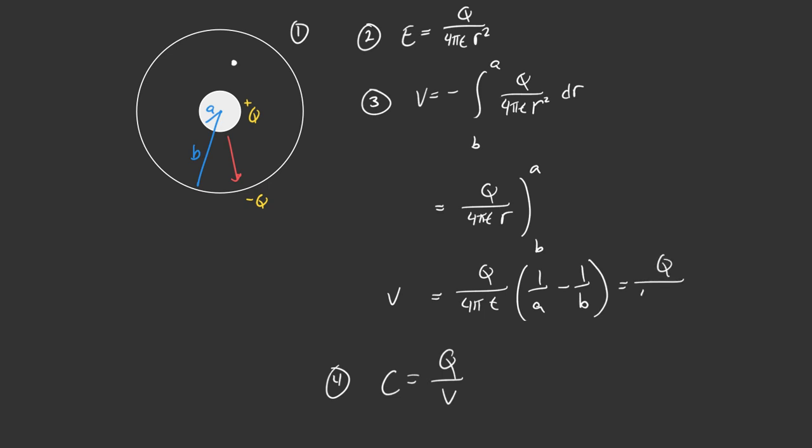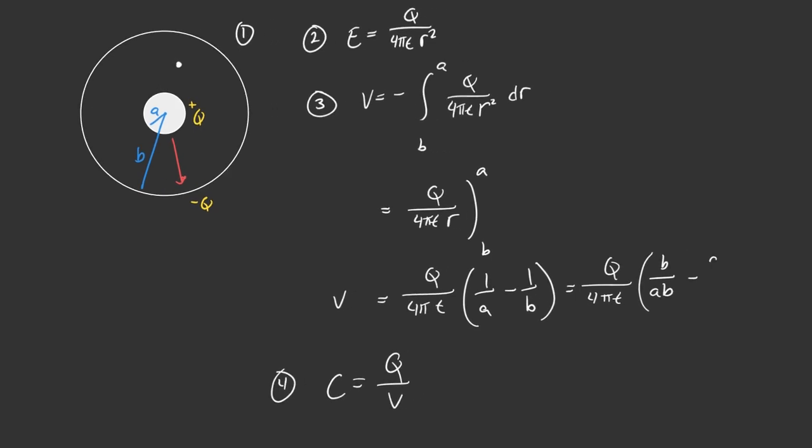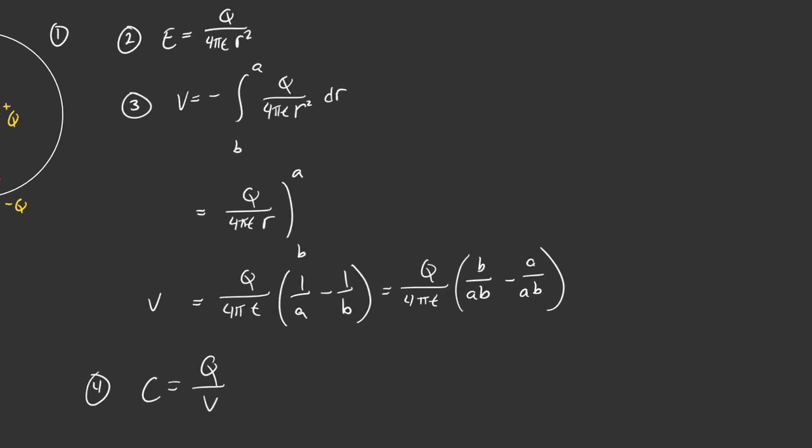So Q over 4 pi epsilon is going to be B over AB minus A over AB, right? Getting common denominators. Which gives us Q over 4 pi epsilon times B minus A over AB. Still positive because B is a greater number than A.